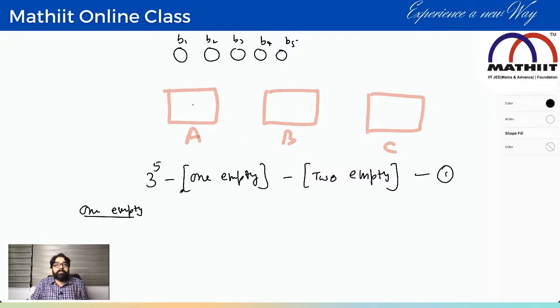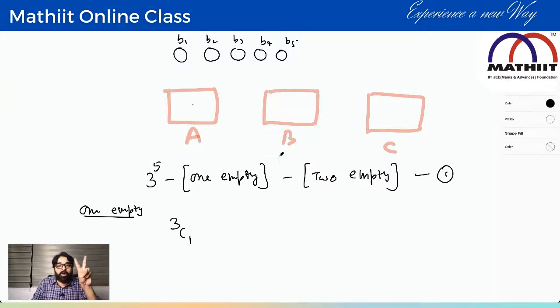Maybe A can be empty, maybe B, maybe C. So first I will select a box which is empty. Out of 3, 1 box I selected. This is the selection of the box which I have to keep empty. I don't know which box came, but whatever box came, I will hide behind me so that the ball should not fall in that.